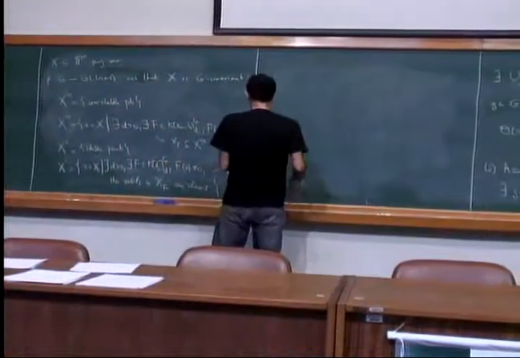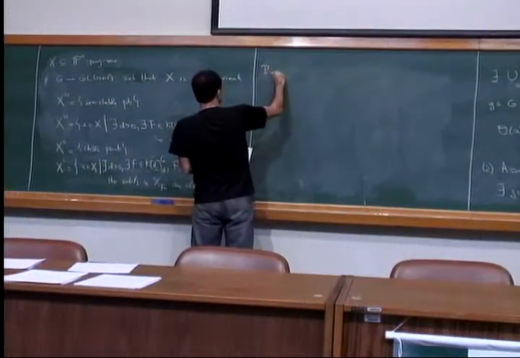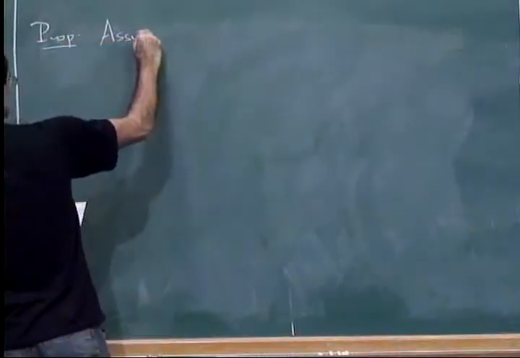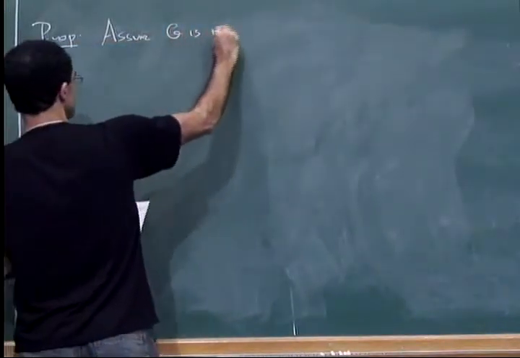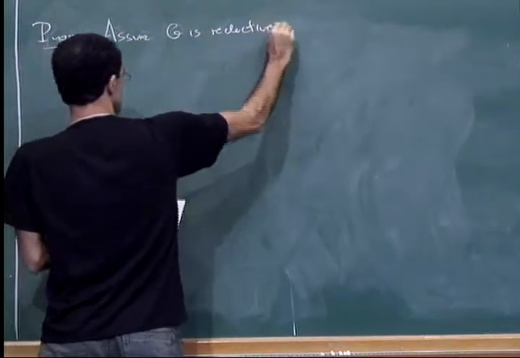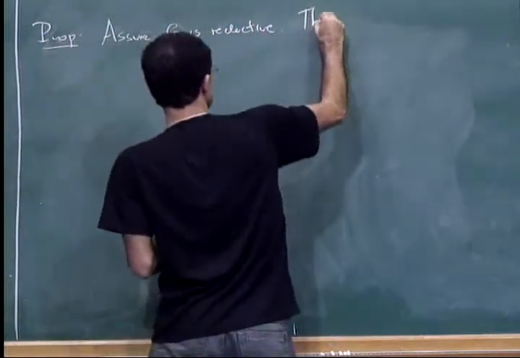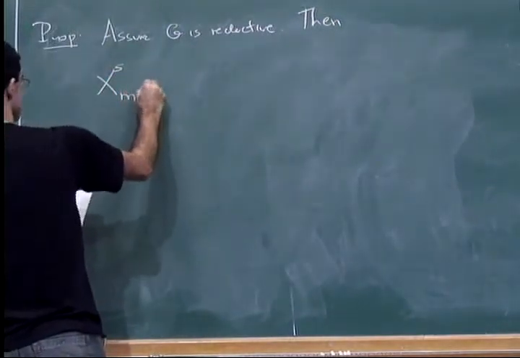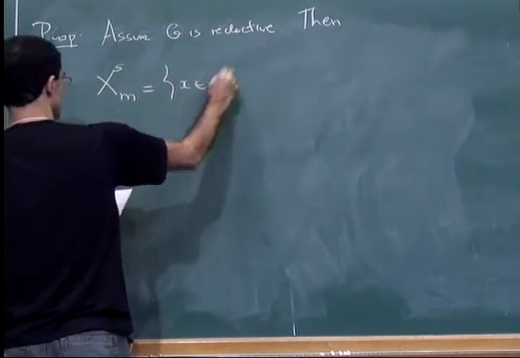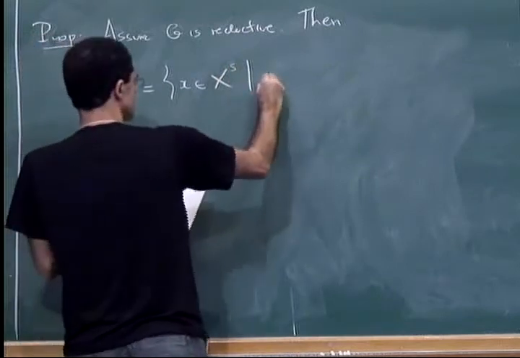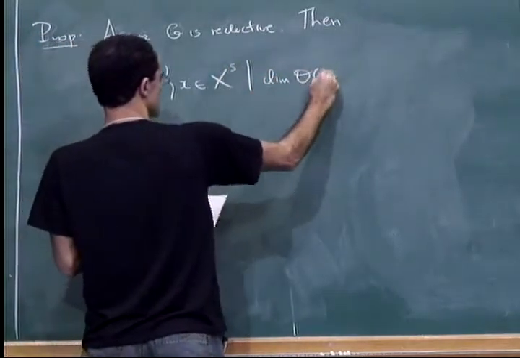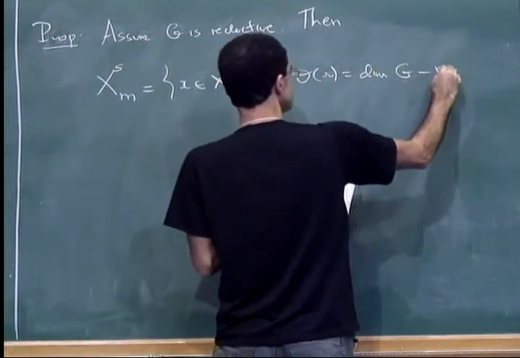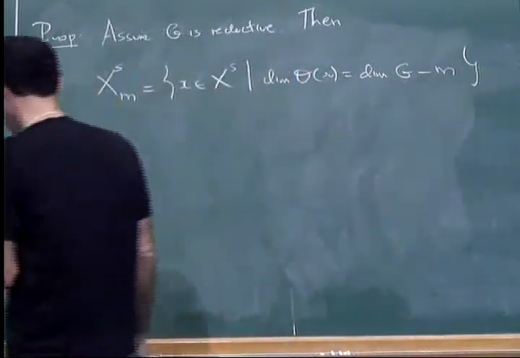Okay. Proposition. Assume G is reductive. Then I'm going to look at this set, X^s_m, the set of points in X^s such that the dimension of the orbit O_x is exactly the dimension of G minus m. Right?